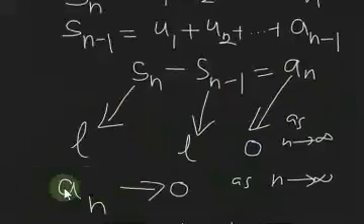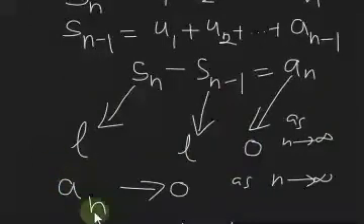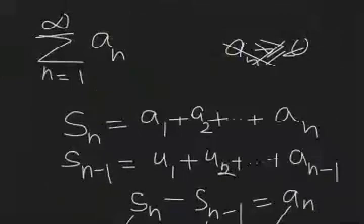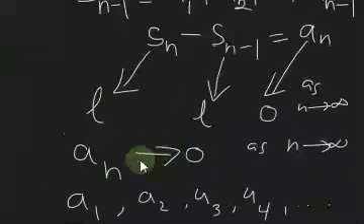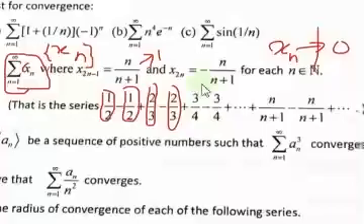So this means the limit of the original sequence is equal to 0 if this series is convergent. That means all subsequences of this sequence should converge to 0. But here these are two subsequences of this sequence, right?